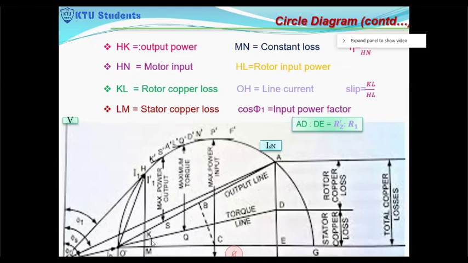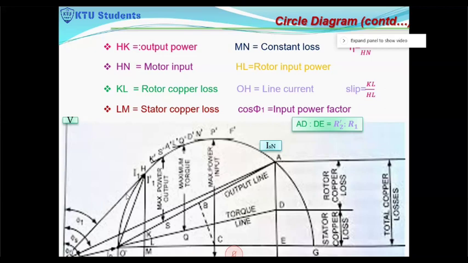Similarly, L is the point at the torque line. If you take L and M, extending, you can see that this is the stator copper loss. And then you have M and N, which represents the constant loss, that is the core loss plus the friction and windage losses.